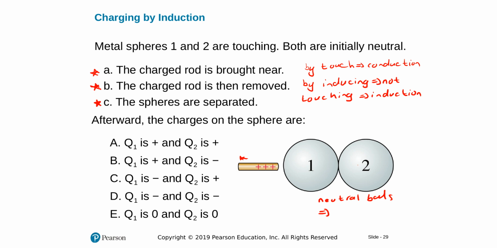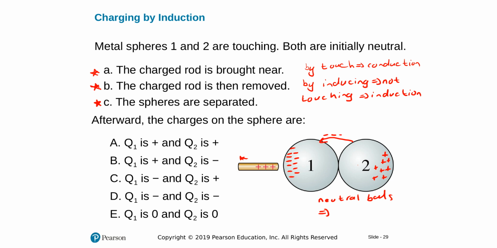A plus charge coming close, not touching, will cause a polarization in the charges. It will pull negative charges to itself, as many as it can, as close as possible, and push away the positive charges. Positive charges will not be moving a lot, but negative charges from the second ball to the first will be moving.